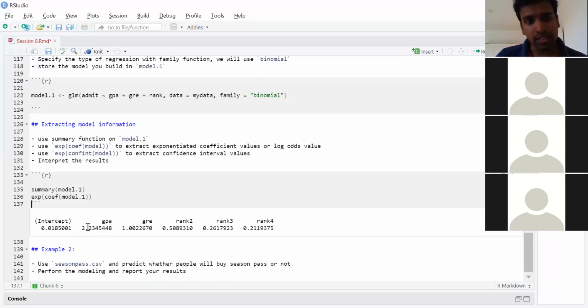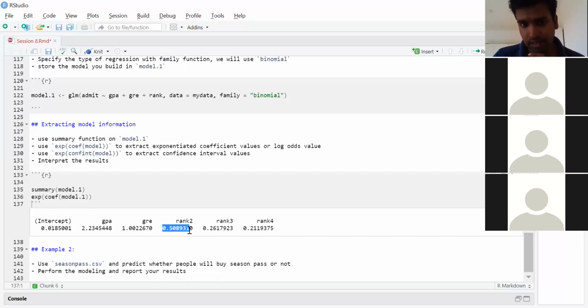Now GPA is more than 1, which means if you're having a higher GPA, the probability of getting a positive result, getting an admit, is higher. And GRE is quite equal to 1, which means it does not have much influence on your decision, but still it can have a positive effect on your results.